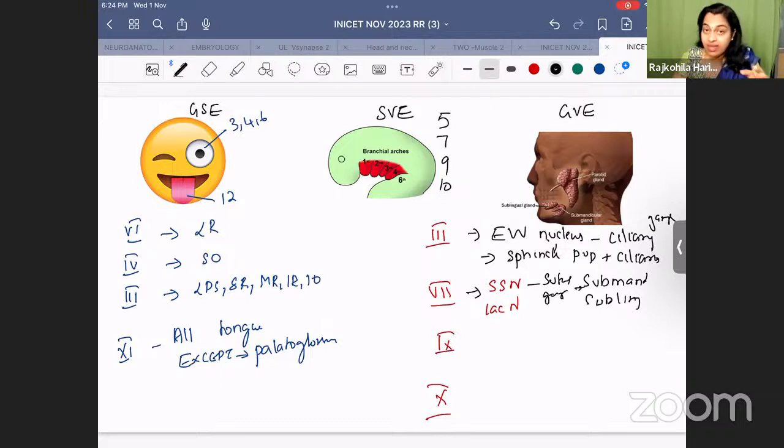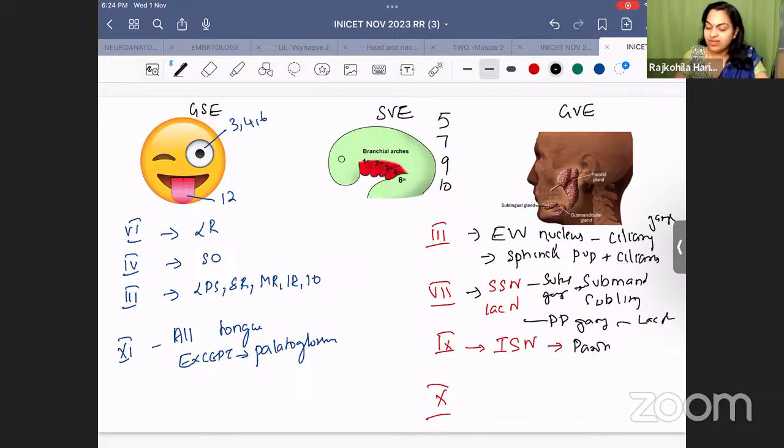Similarly, the lacrimatory nucleus through the pterygopalatine ganglion is going to innervate the lacrimal gland. What is the parasympathetic nucleus of the glossopharyngeal nerve? Inferior salivatory nucleus. Yes, for which salivary gland? Parotid. Okay. The inferior salivatory nucleus is for the parotid. Superior salivatory nucleus is for the submandibular and sublingual.